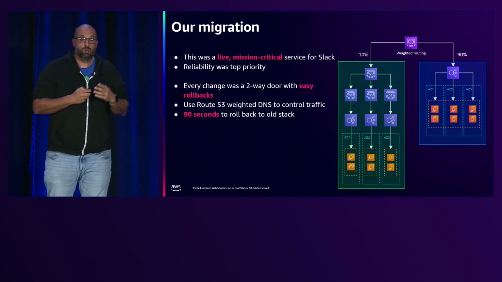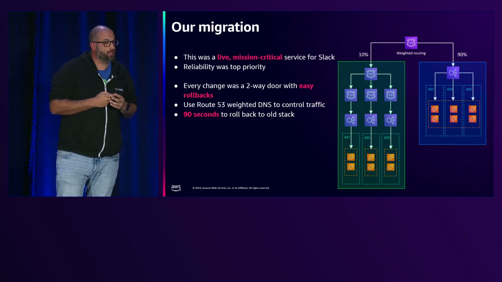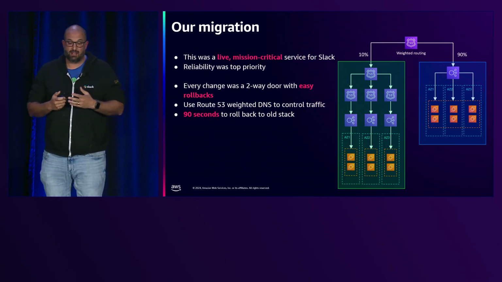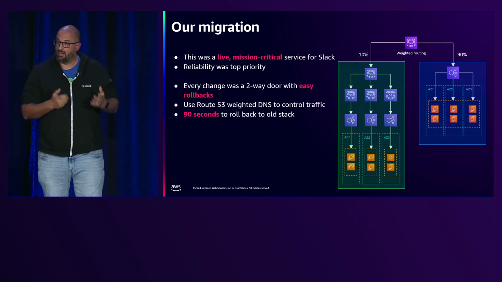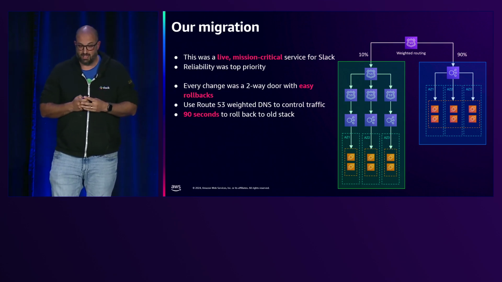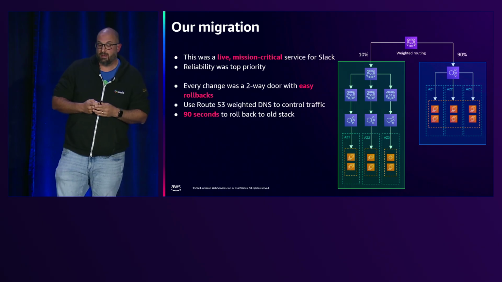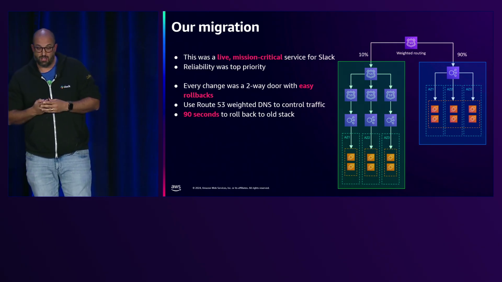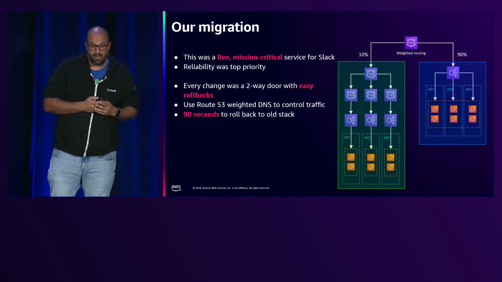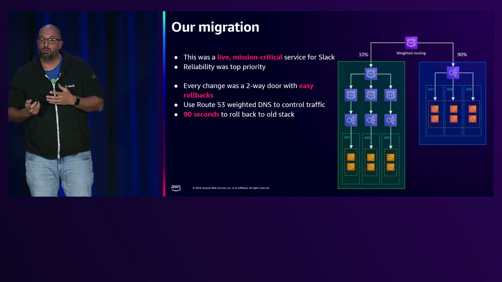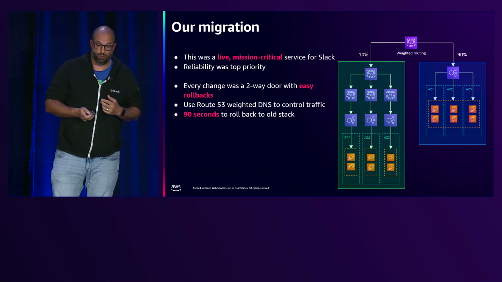Most of our cutovers were handled using Route 53 weighted DNS. This allowed us to roll back our migration at any point in time, roughly within 90 seconds. During the migration windows, if we were suspected to be the cause of an ongoing issue, we would simply roll back and either fix the issue or hopefully be ruled out as the root cause.